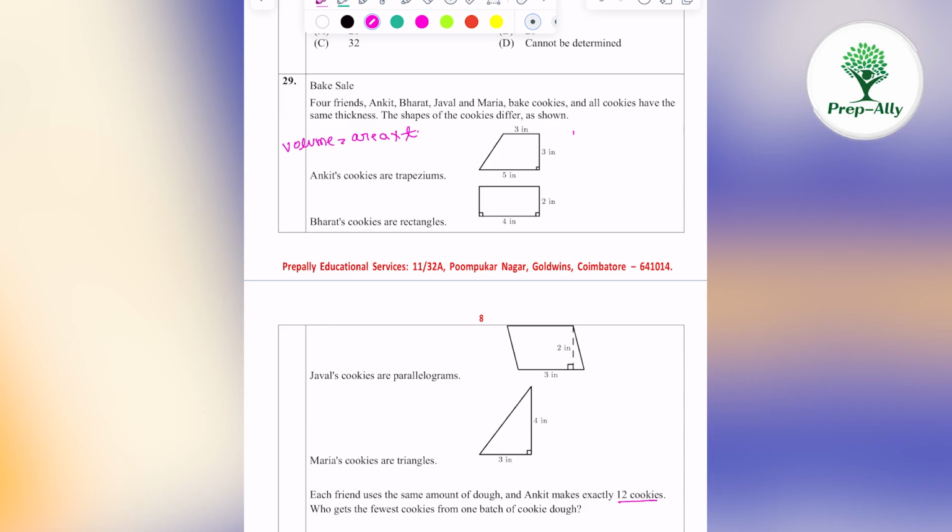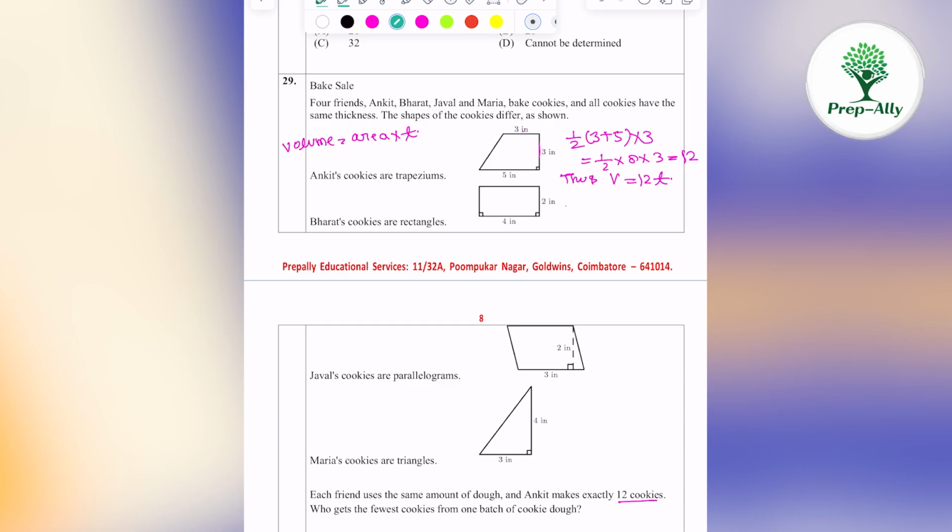We know area of the trapezium is half of sum of the parallel sides, 3 plus 5, into distance between the parallel sides. So we can write half of 8 into 3, which is 12 square unit. But again thickness is T here, so we can write this volume, volume I represent by V, 12 into T.